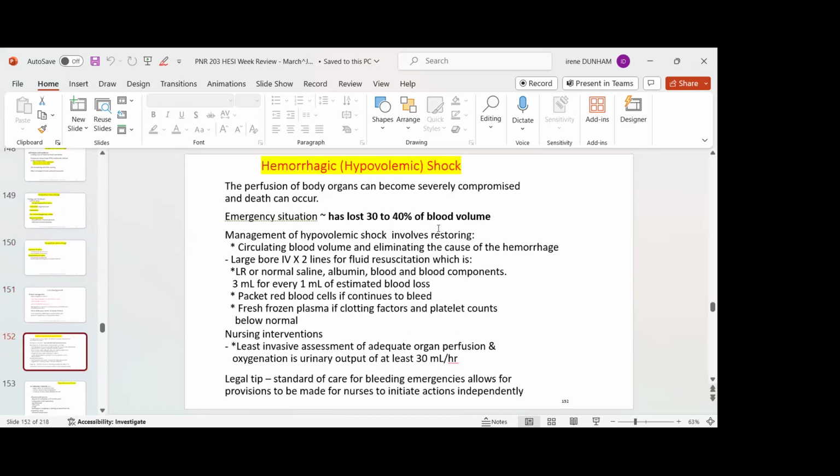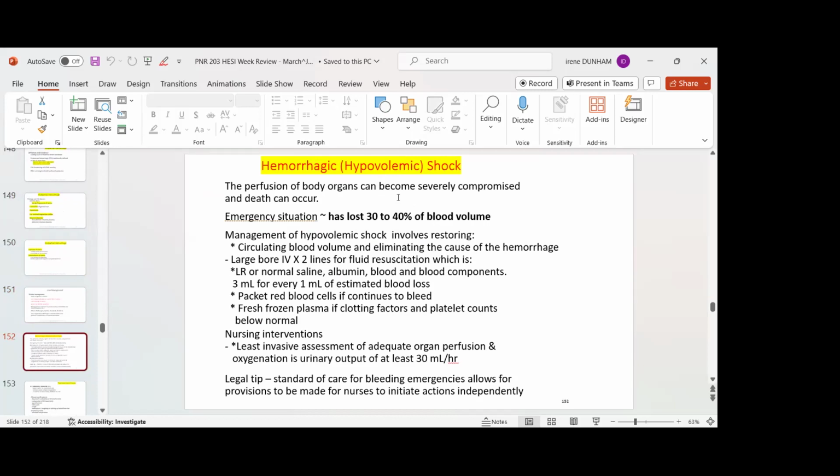Go over hypovolemic shock. Remember, every body organ needs blood. So when you have low blood, you go into shock. What you're going to see first is tachycardia. Then you're going to see the blood pressure go down, and then she will get cold and clammy.